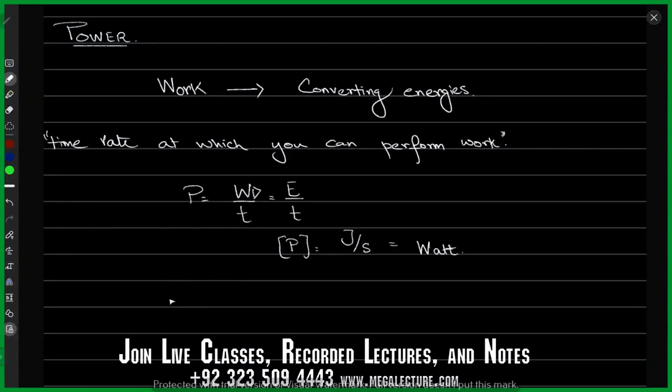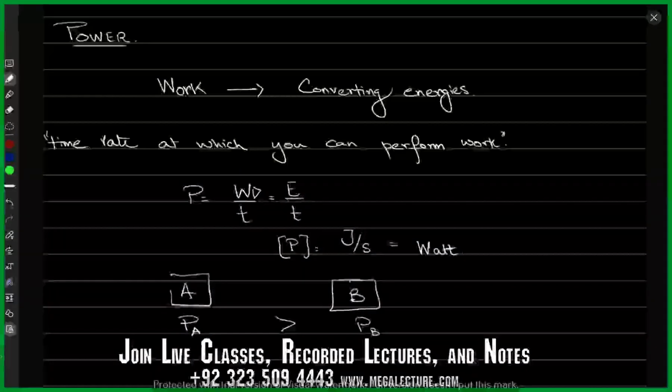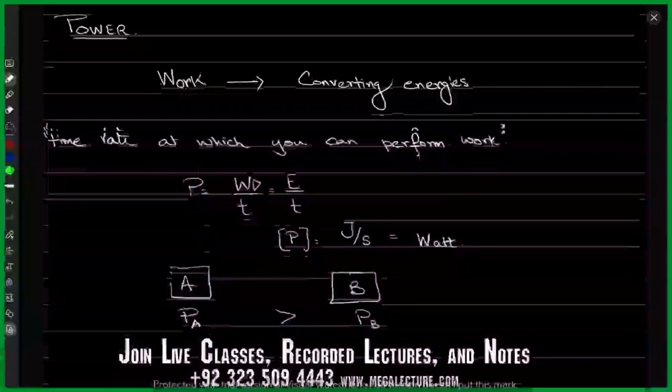So, for example, here you have machine A, and here you have machine B. So, if the power for A is greater than power for B, meaning that machine A converts more energy in the same time compared to machine B, then I'll say that machine A is more powerful compared to machine B, right? And that's why it's called power.